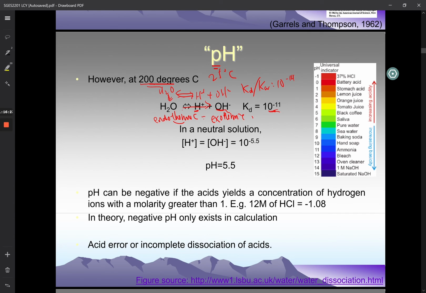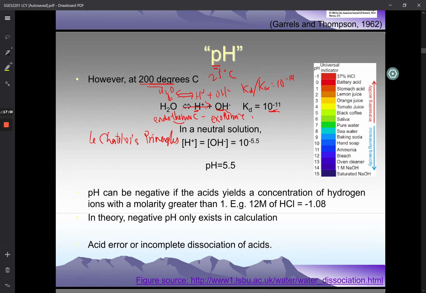I think we are going to talk about Le Chatelier's principle. It's about equilibrium, the dynamic equilibrium of the reaction. It says that the position of equilibrium will move to counter the change that we made.